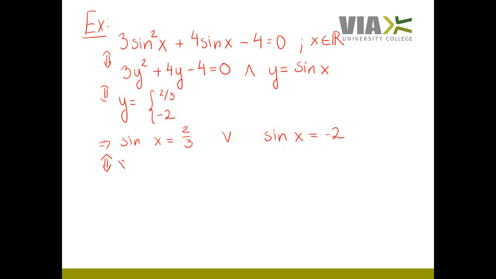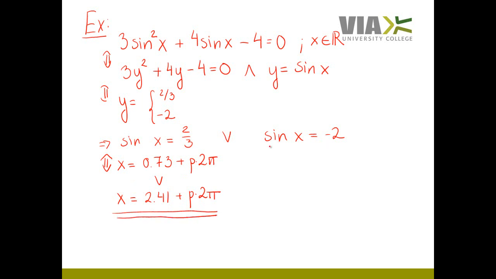So x must be equal to inverse sine of 2 over 3, that is 0.73 approximately, plus p times 2 pi, or the second potential solution will be x equals pi minus 0.73, which is 2.41, plus p times 2 pi. So those are the two potential solutions I have from here.